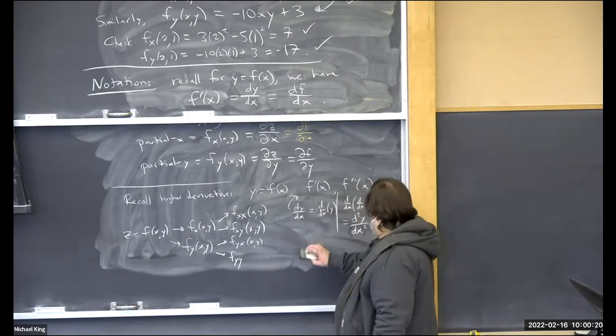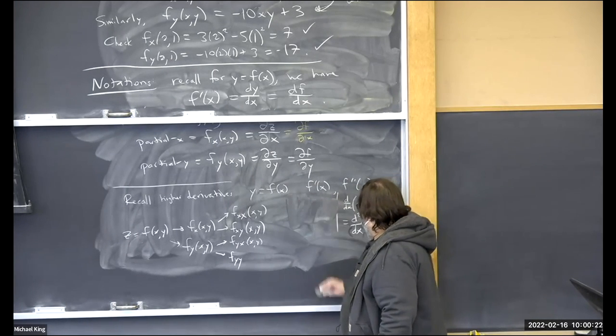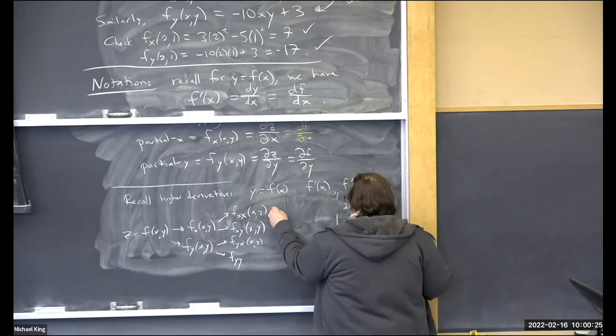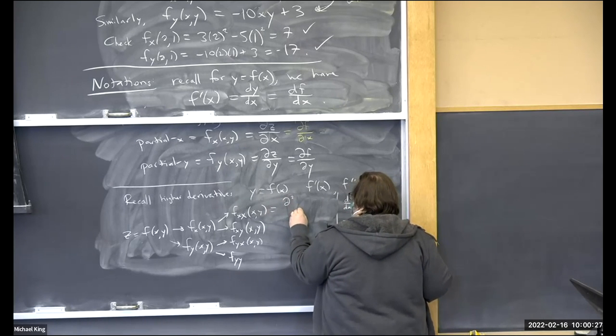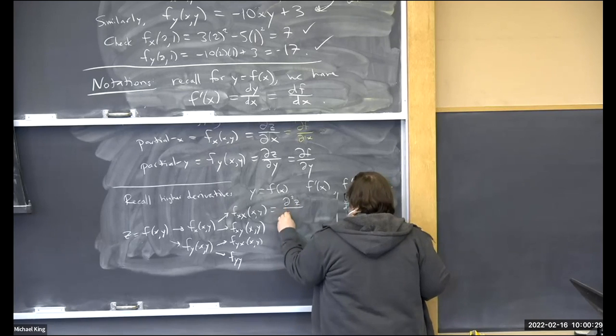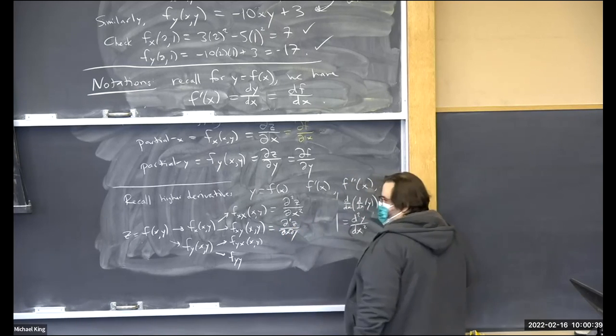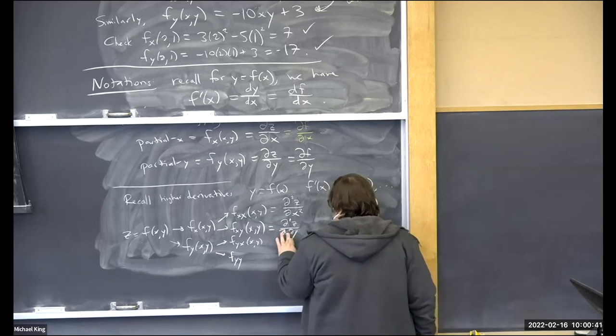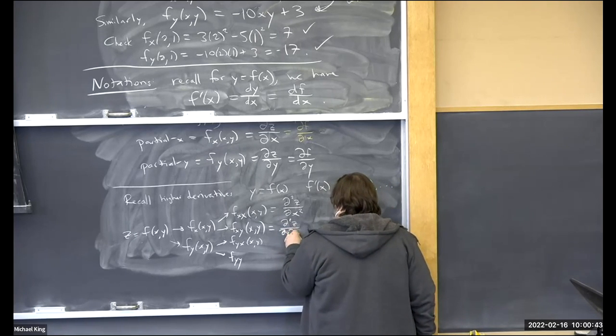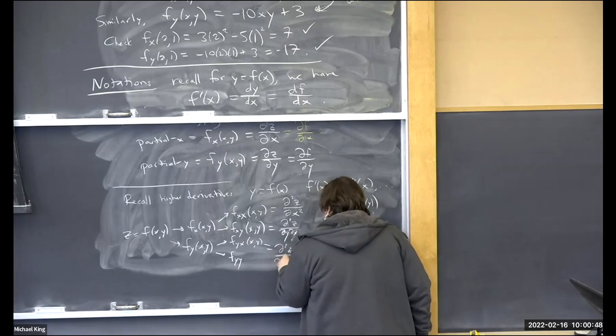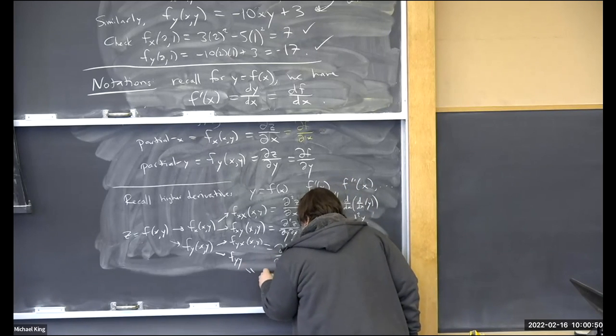Then you get some really goofy stuff. You could write this as d squared z dx squared. You can write this as d squared z dy dx, because I did dy second. You could write this as d squared z dx dy, and you could write this as d squared z dy squared.